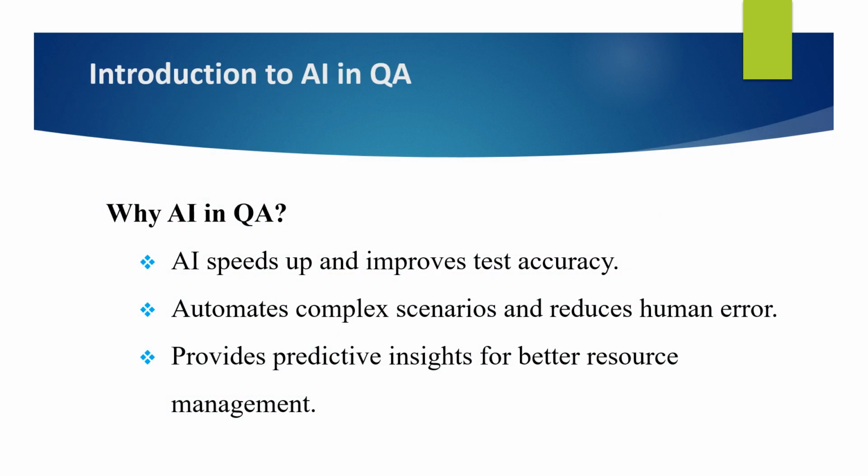AI is revolutionizing QA by making tests faster, smarter, and more reliable. But what does that mean in practice? Imagine an AI that not only automates simple test cases, but also predicts potential failure points before they happen. AI enhances your testing framework by learning from past data and applying those learnings to create better, more robust test cases.